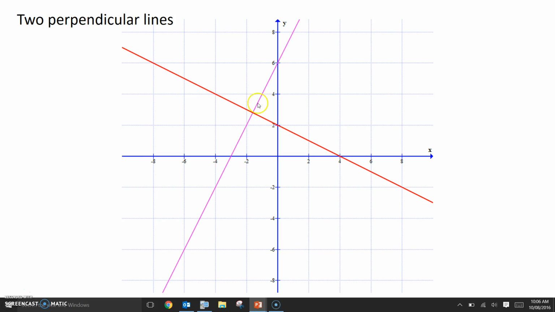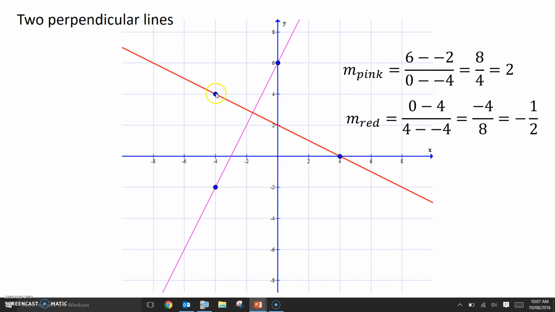Okay, perpendicular lines. Perpendicular means they're at 90 degrees to each other, so these angles in here are 90 degrees. If we work out their gradients, the pink one is 8 over 4, 2. The red one is minus 4 over 8, which is negative a half. So 2 is 2 over 1.